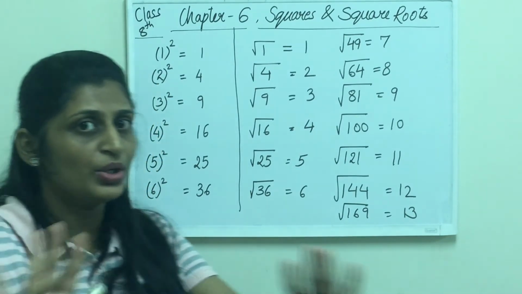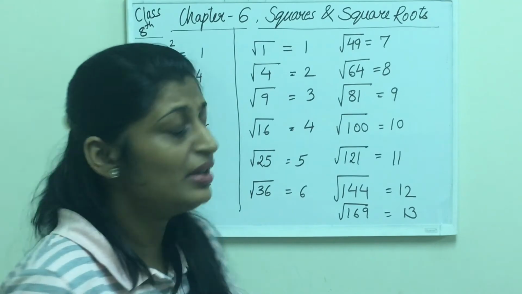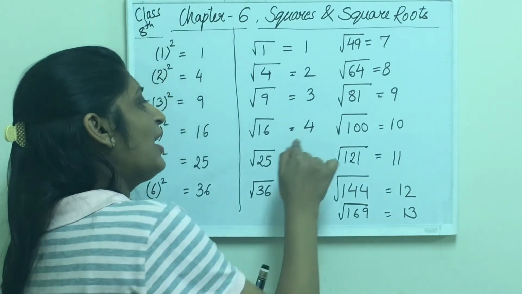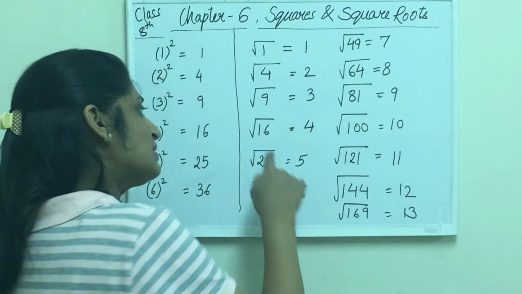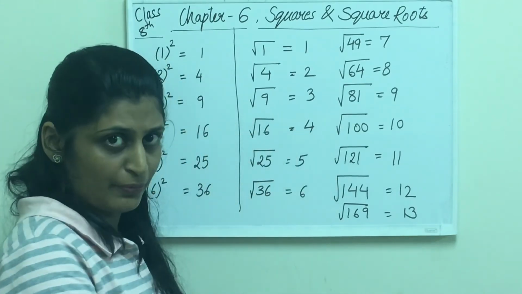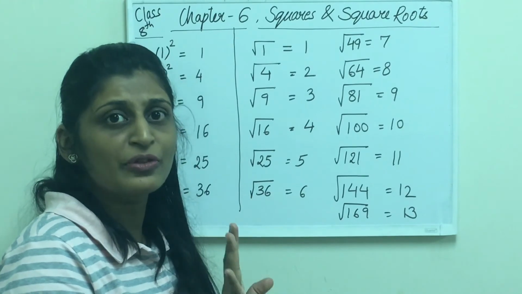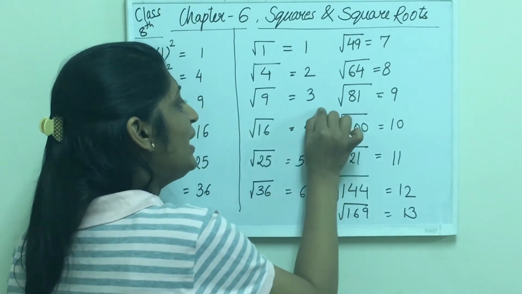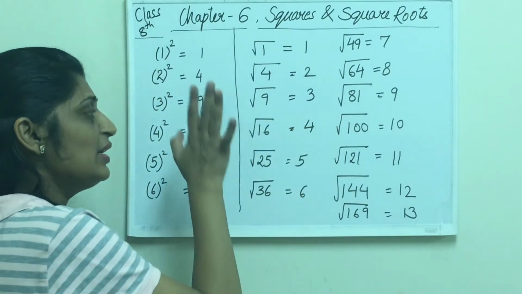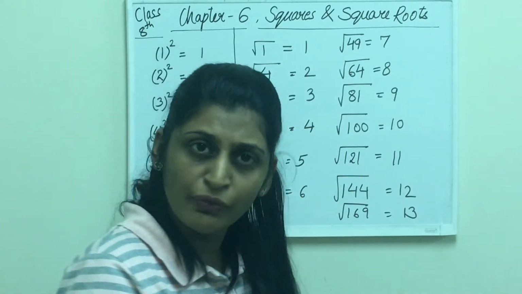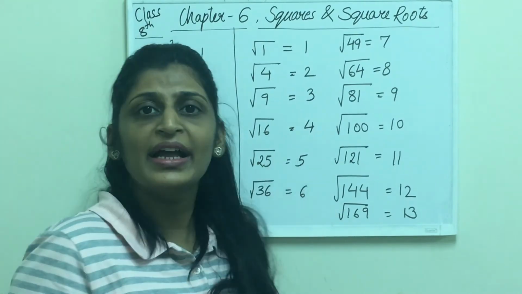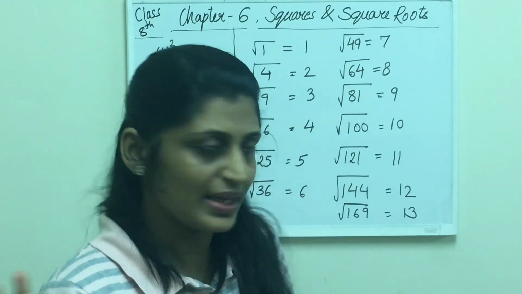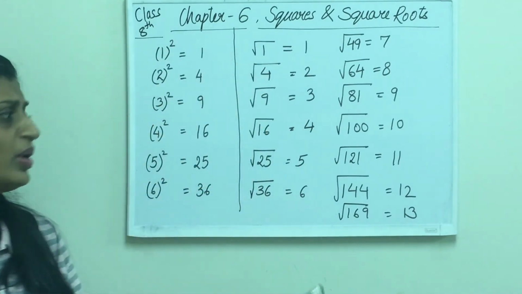I don't want to confuse you. The square root of 16 can be positive 4 and can also be negative 4, but for the class 8 syllabus, we will be covering only positive values. That is, the square root of 16 is 4, the square root of 25 is 5, the square root of 36 is positive 6. So these are all positive integers.